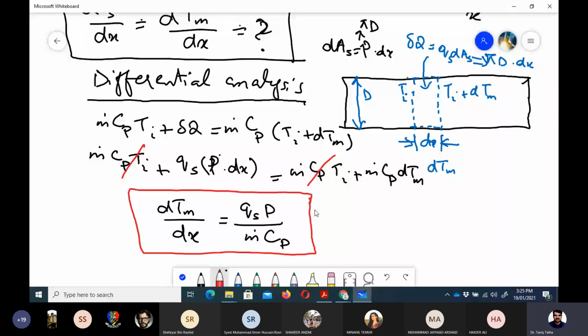So now we know how we can calculate the slope of this.